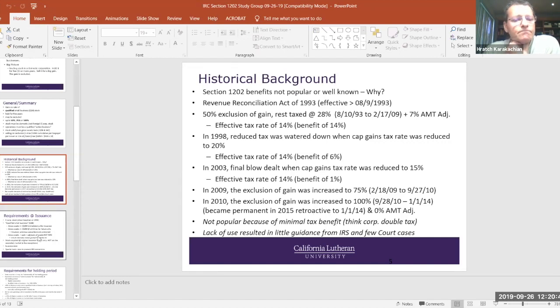Yes. So the question is, and maybe you'll get into the interpretation in a little bit, if I recall correctly, if you follow all the rules, let's say you invest in a small corporation in 2010, you have the gain exclusion increased to 100%. However, that small corporation was not initially set up as a C corp.